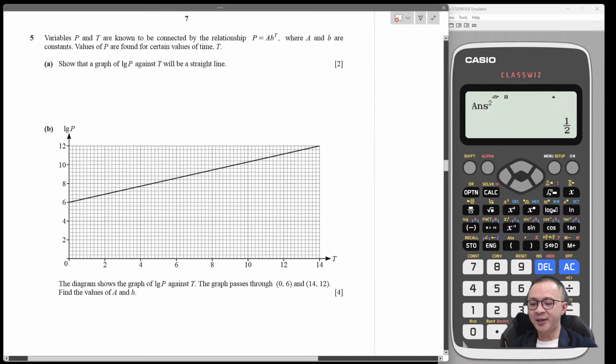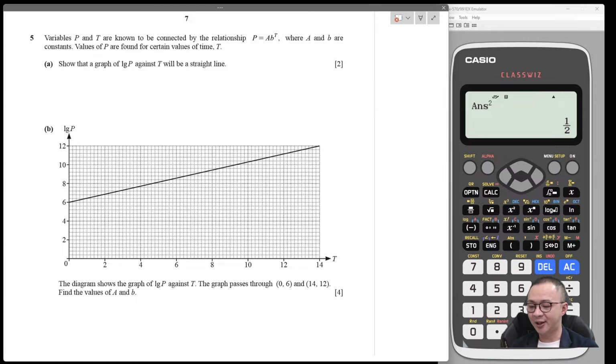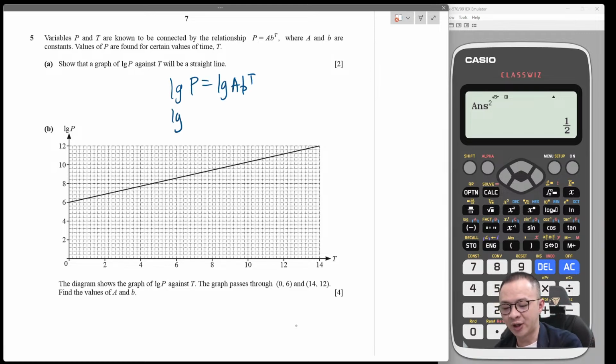Okay, variables p and t are known to be connected by this relationship, a and b being constants. The values of p are found for certain values of the time t. Show that the graph of log p against t will be a straight line. So we need to take the log of both sides. The log rule tells me multiplication becomes addition, right?